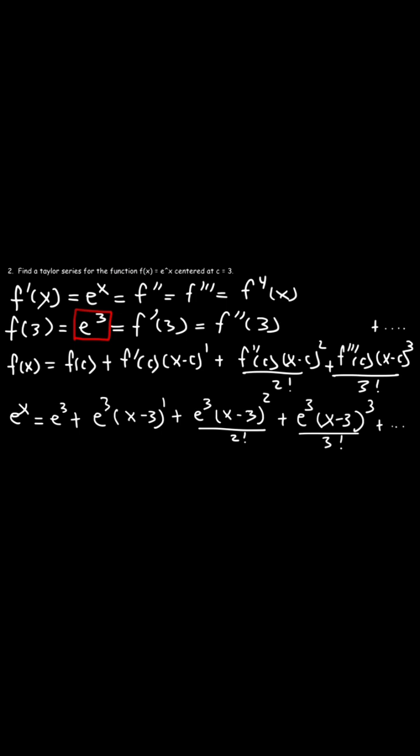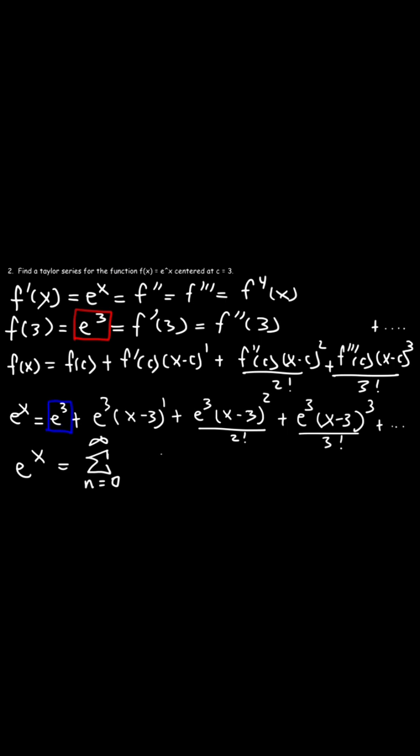Now we need to write a general power series that will give us what we see here. So starting from 0 going to infinity, we can see that the e to the third part doesn't change.